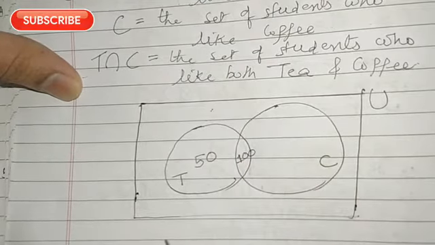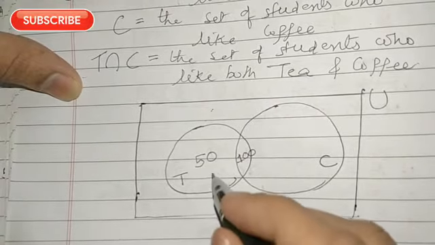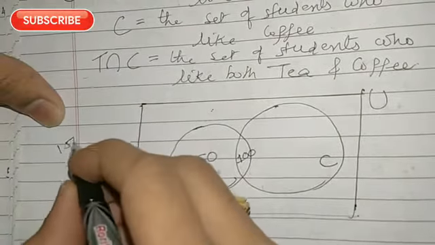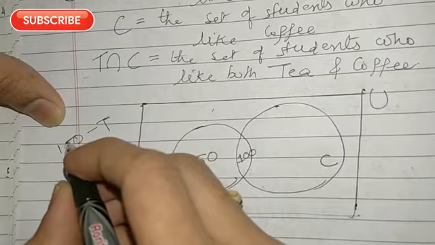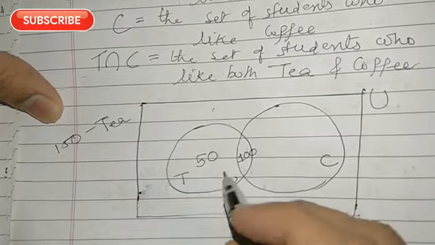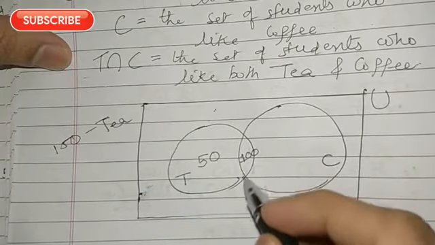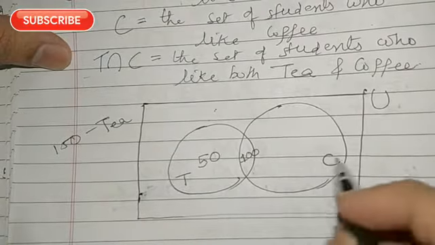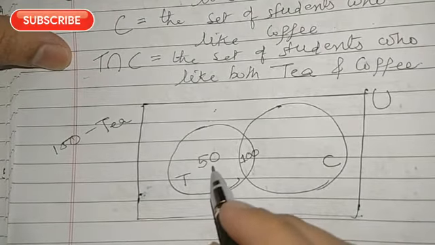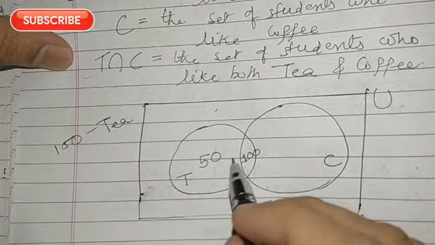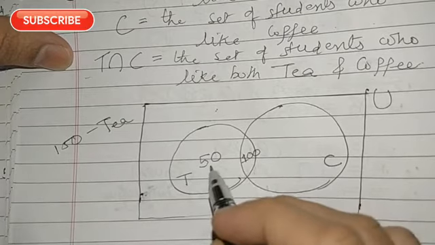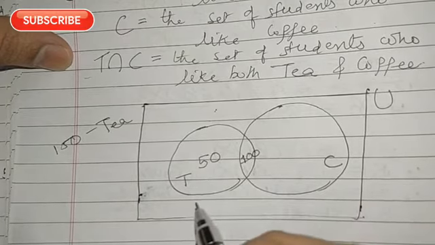That is 50. Out of 150 you subtract 100, so that is 50.